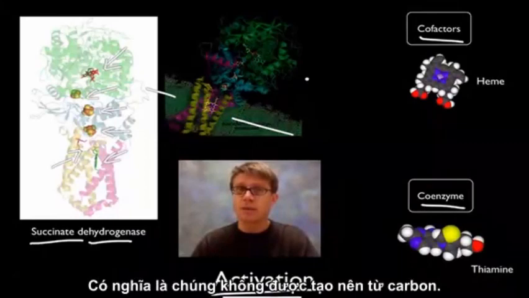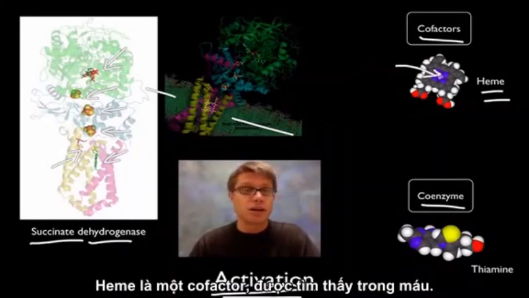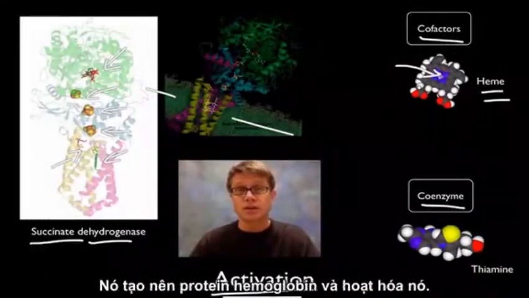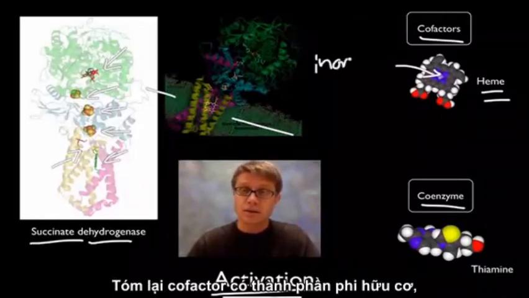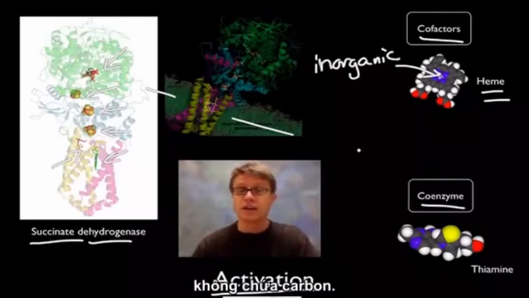What that means is they're not made up of carbon. And so heme's an example of a cofactor. Heme is also what's found in blood. It has an iron atom in the middle, and so that's why we call it hemoglobin. And so what it does is it's creating that hemoglobin protein and activating it. And so cofactors are going to be inorganic. And so in other words, they are not containing carbon.